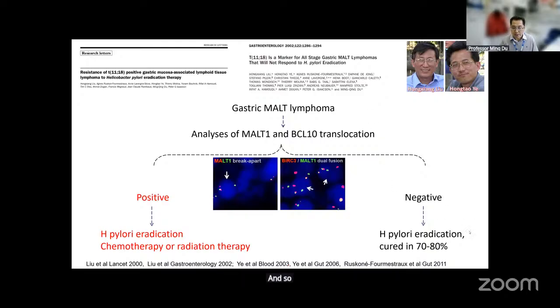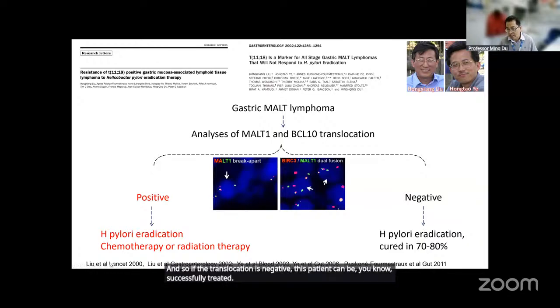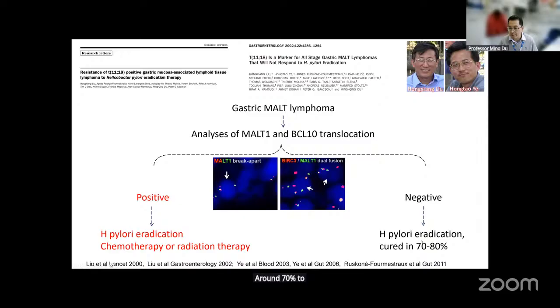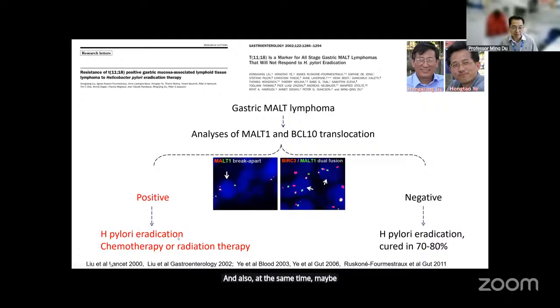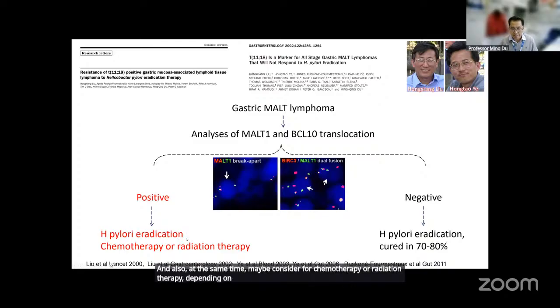If the translocation is negative, these patients can be successfully treated in around 70 to 80% of cases by H. pylori eradication using antibiotics alone. If the translocation is positive, the patient should have H. pylori eradicated and at the same time may be considered for chemotherapy or radiation therapy, depending on local expertise.